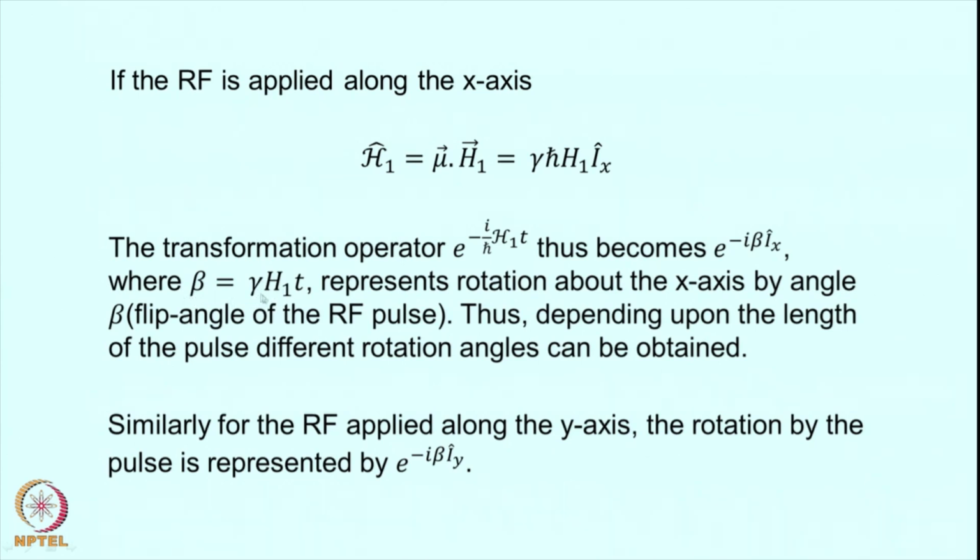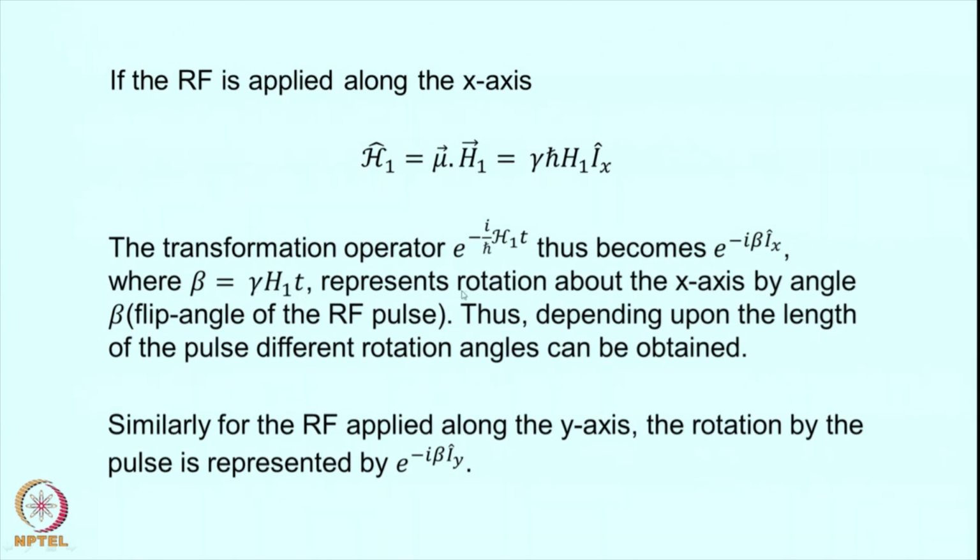This is the frequency and this is time t, and therefore this is the flip angle. So gamma H1 is the precessional frequency in the rotating frame under the resonance condition, and therefore how much the magnetization is flipped will depend upon this time t. We have seen that earlier, you can create a 90-degree rotation or 180 rotation and things like that, depending upon what this time t is.